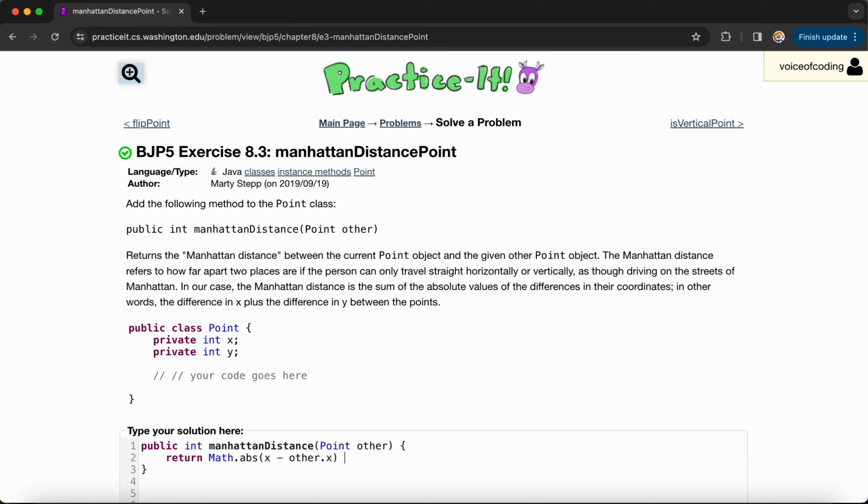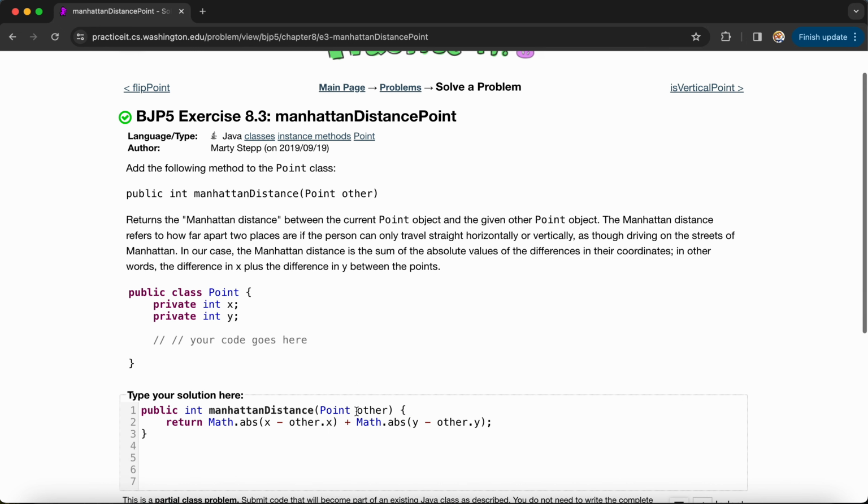And we'll close the parentheses, and we'll add Math.abs again, and we need to do the same for the y point. So we'll say y minus other.y. Okay, so that's pretty much it for the problem. Just to sum it up, it returns Math.abs(x minus other.x).